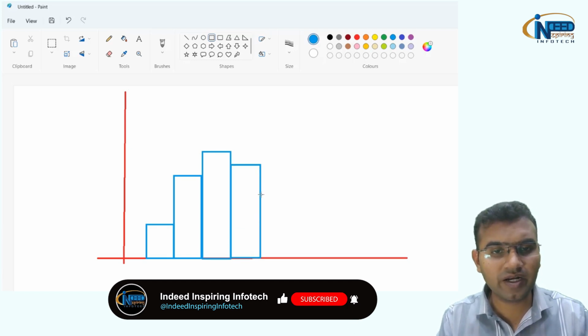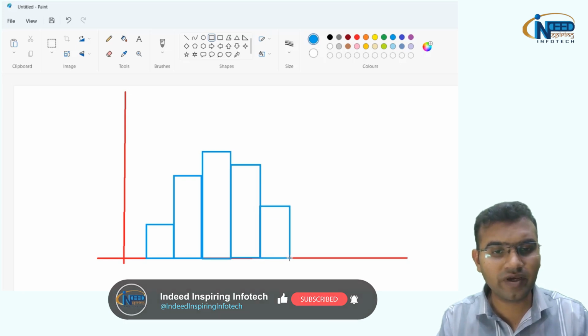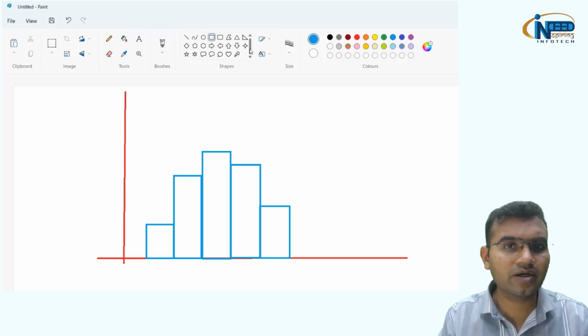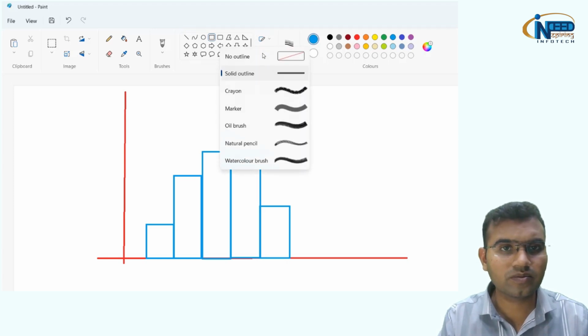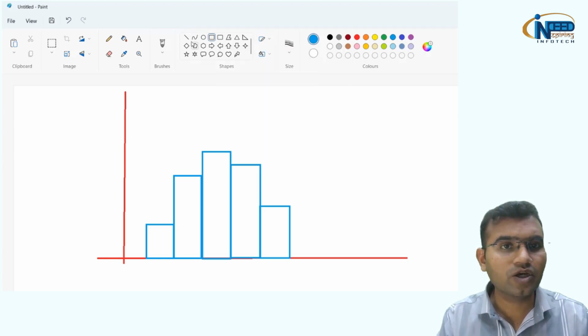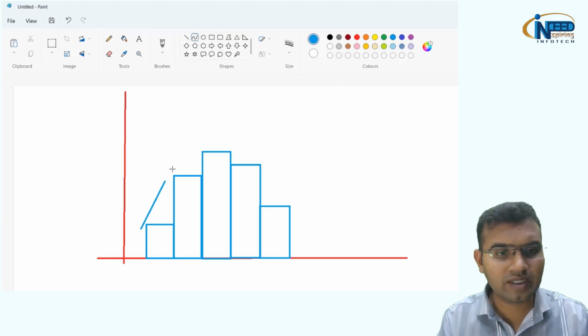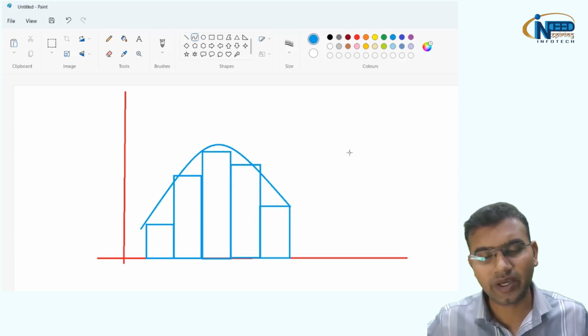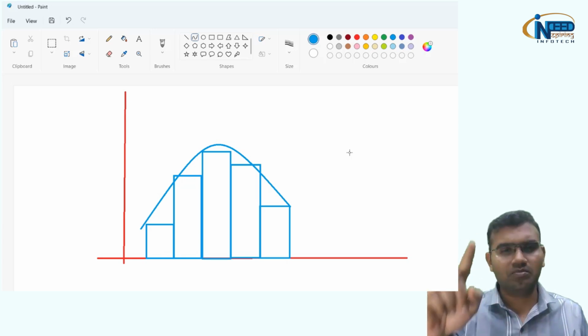If you want to find this out, this is one way where you can see that it would be normally distributed, and there could be other ways also. This is the graphical way, and if I see this graphical way, you can see that it is normally distributed. A normal distribution is a bell-shaped curve.